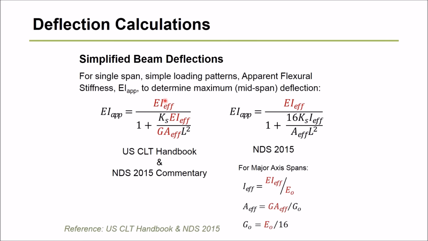But if you go back to my note about how the values in red are the values provided by the designer or by the manufacturers for their sections, you'll see that the one in the NDS commentary is a little more useful, and you don't have to go through intermediate calculations as you do with the one in the NDS body. Again, they're algebraically equivalent and give the same result.